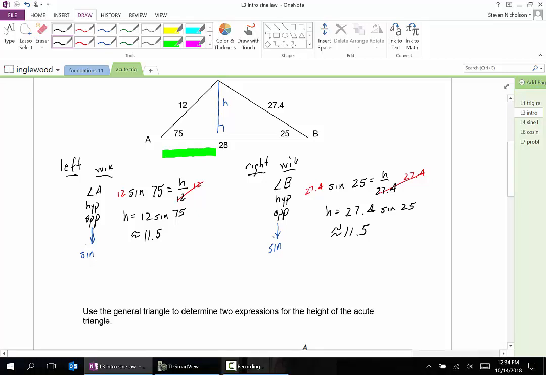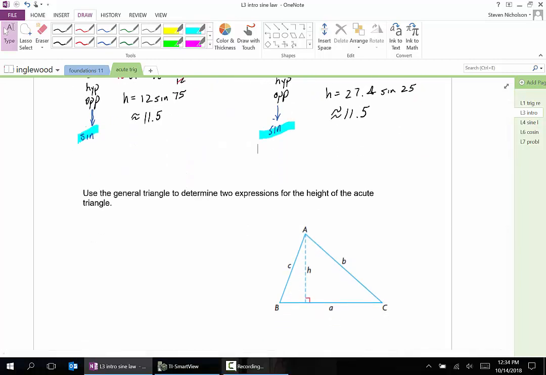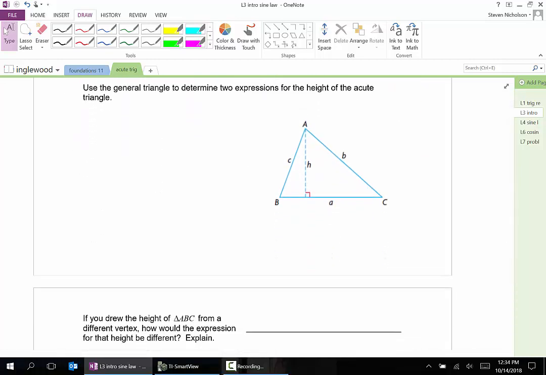So there seems to be a relationship here. First of all, sine was involved in both of these cases, and that's an important thing to recognize off the bat, even though the left-hand triangle and the right-hand triangle are really quite different. So let's see if we can generalize something or notice a pattern, and a pattern is going to be very important.